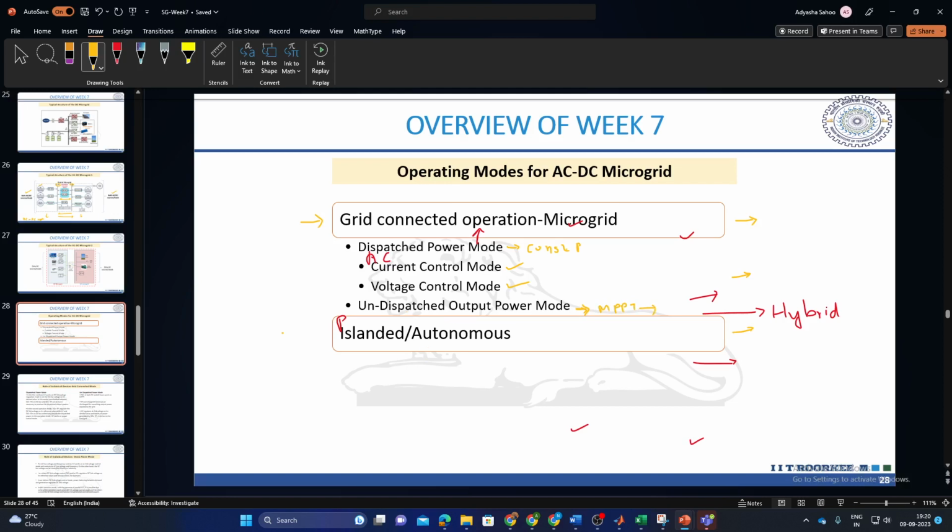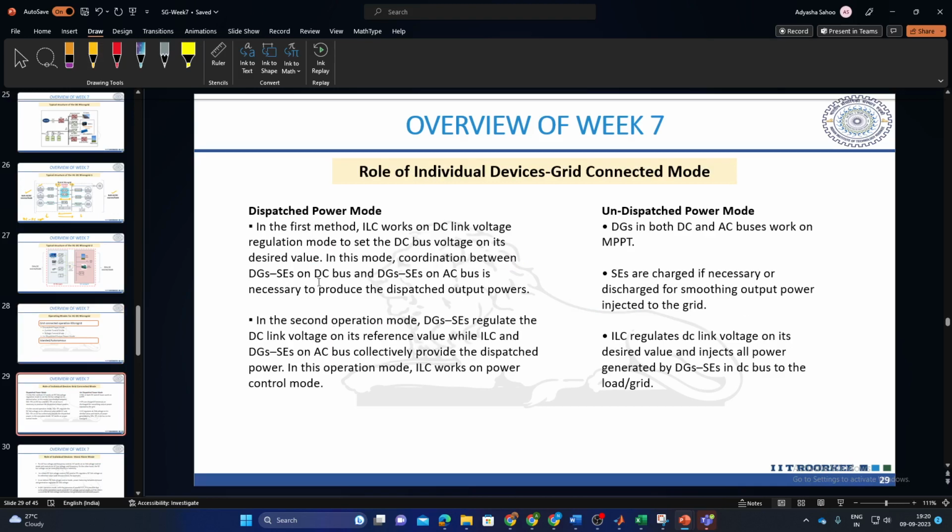So what was done in the dispatch power mode? Basically, we had constant power mode, and this was achieved either using current control methods or voltage control methods. And in the undispatched power output mode, all were operating on MPPT and just feeding power to the grid, and here we then had the islanded mode of operation.